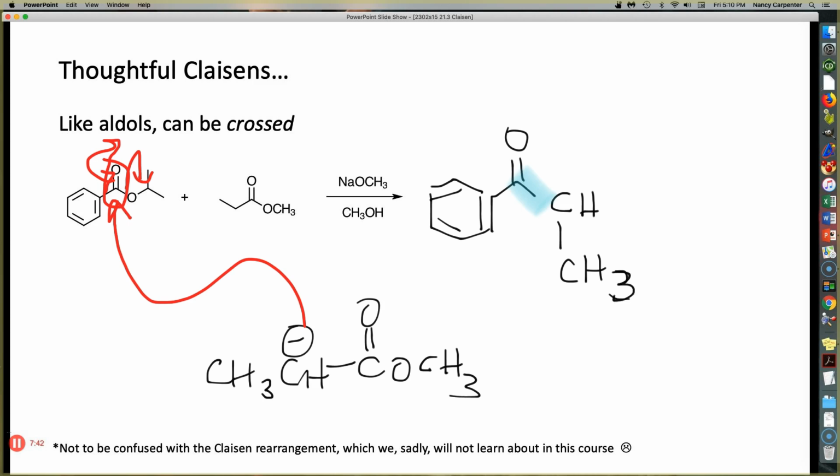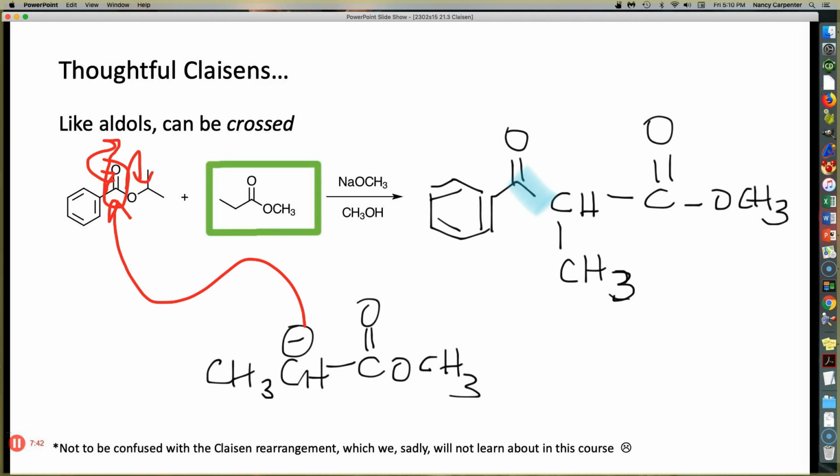This is my enolate carbon. Here is the rest of my molecule from this guy. There's my Claisen. 1, 2, 3, with the two COs 1,3 to one another. Again, emphasizing that relative positioning is a big tip-off of what kind of chemistry you can use to make a molecule that has this functionality.